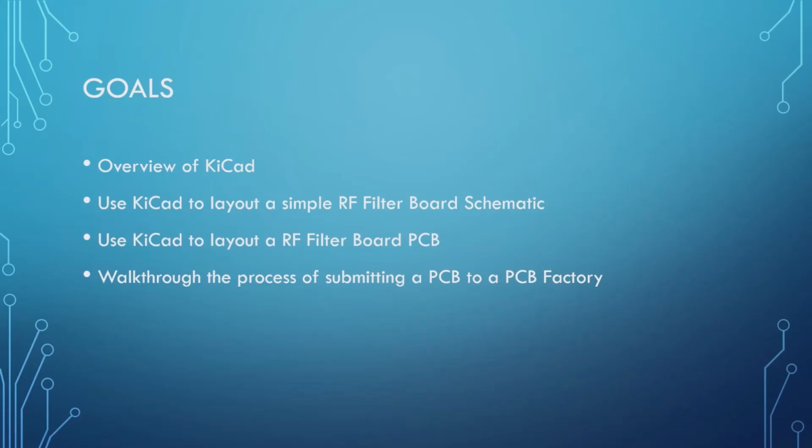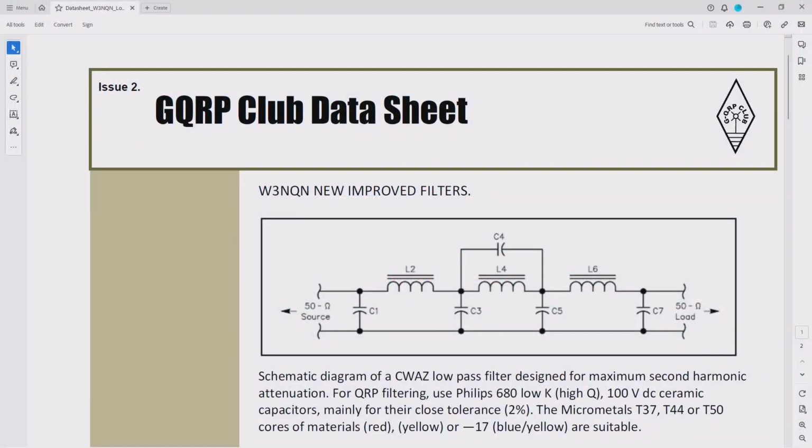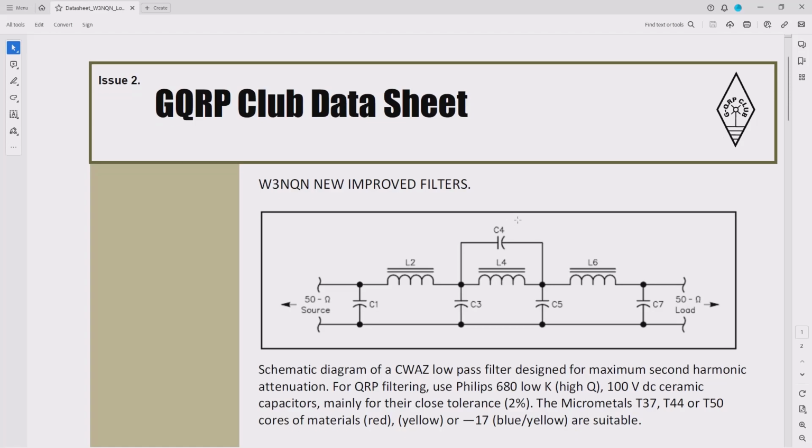Let me switch over here to the desktop. So we went over this QRP club data sheet last week, and this is pretty much a generic schematic for a low-pass filter that is designed to give maximum suppression and attenuation for second harmonics and beyond.